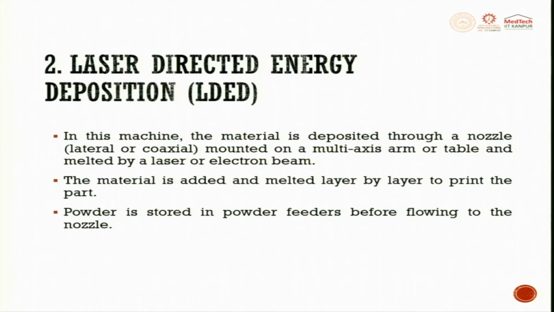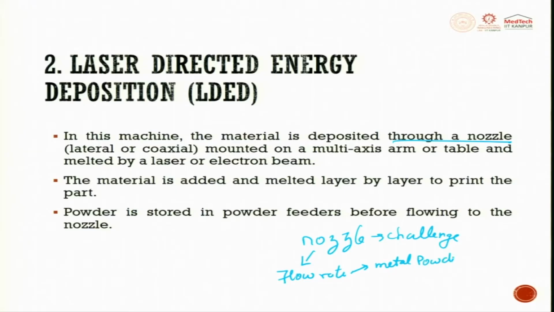When we talk about laser directed energy, in this machine the material is deposited through a nozzle. So, here in this machine you need to have a nozzle. The designing of the nozzle is a challenge. Why? Because through this nozzle you always have a flow rate of metal powder, which we can say is grams per minute or milligrams per minute, whatever it is.